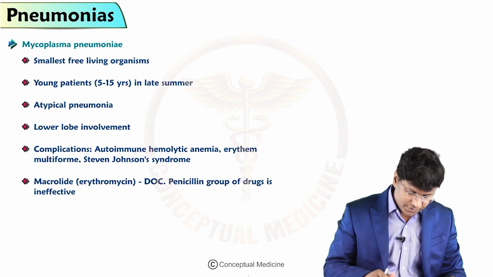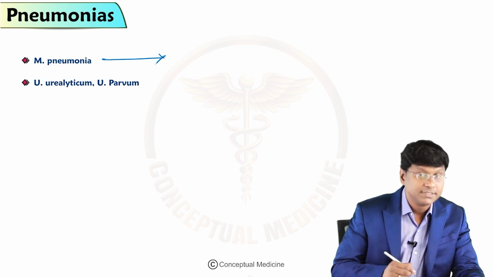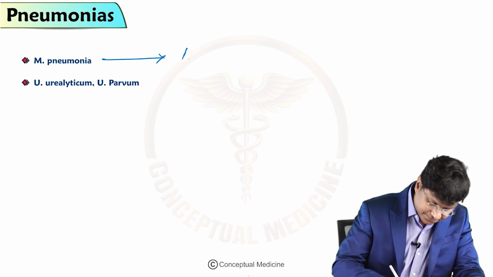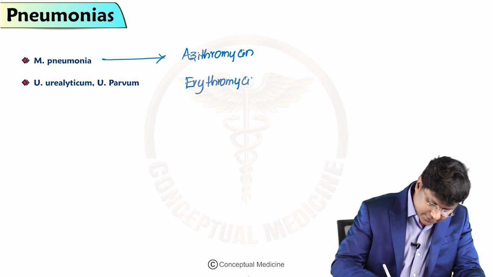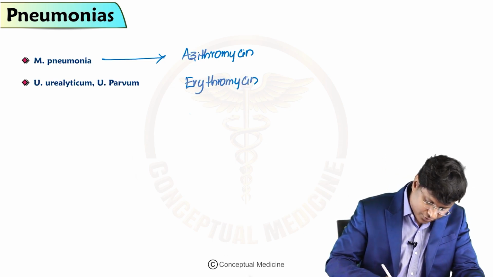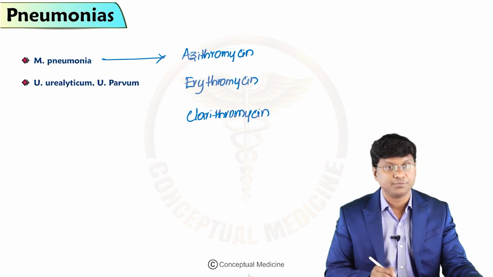Okay, now for Mycoplasma pneumonia, the drugs that can be given are azithromycin, erythromycin, then clarithromycin. So these are the antibiotics for Mycoplasma pneumonia.